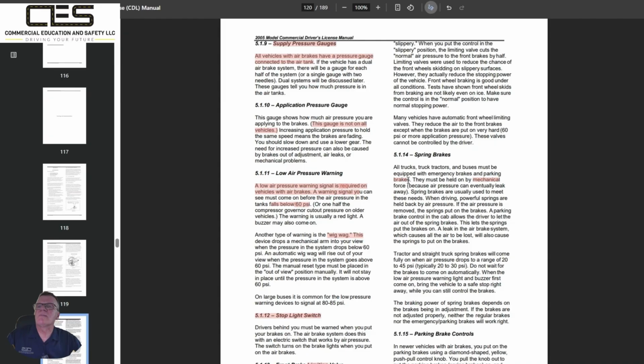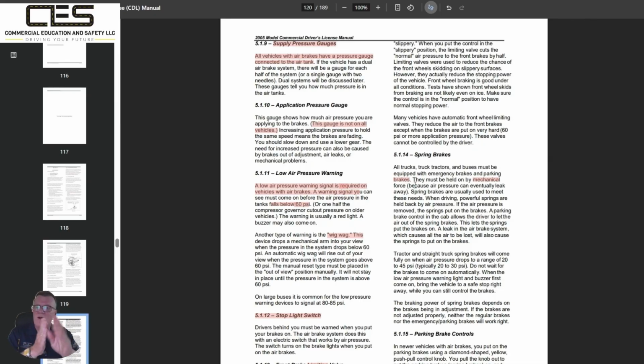What is a spring? A coiled up spring, that's a big spring. In combination, with all these springs working effectively, they can stop 80,000 pounds. So they're pretty tough, pretty strong systems. But it is mechanical force. The reason you want mechanical force is because, like I described earlier, if the air leaks away, you don't have service brakes.